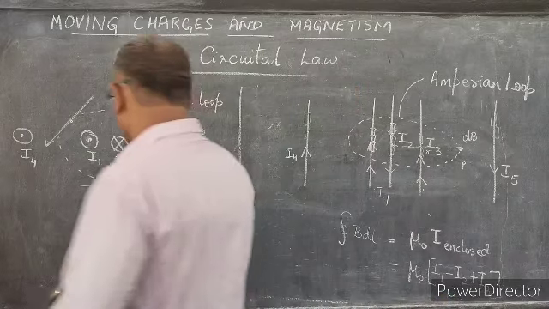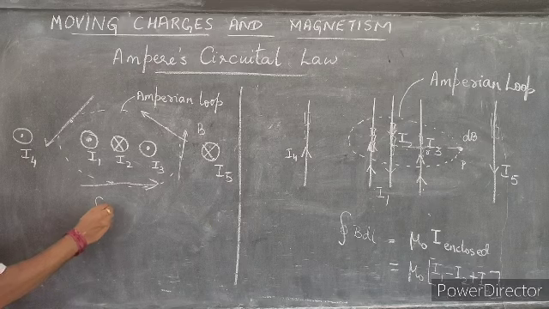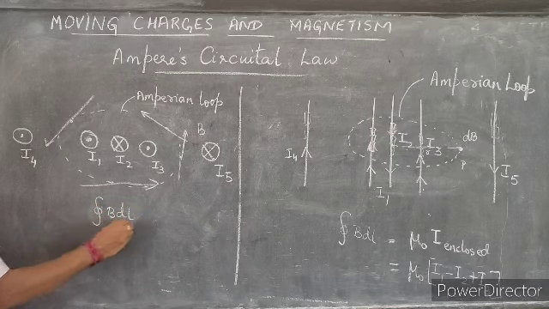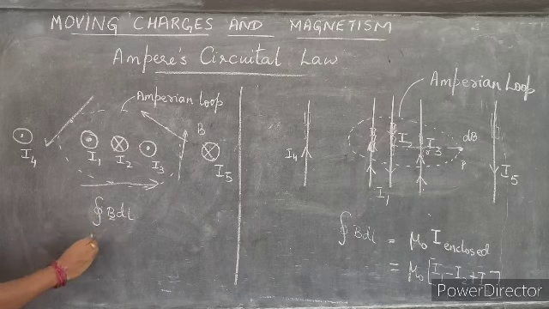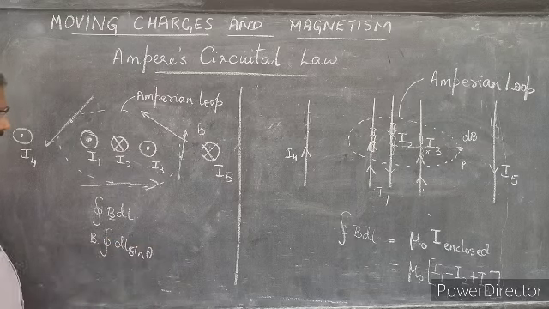In which case, if I take this expression, the line integral on the left hand side, this B gets resolved and comes out, and inside the integral you have dl with sine theta.